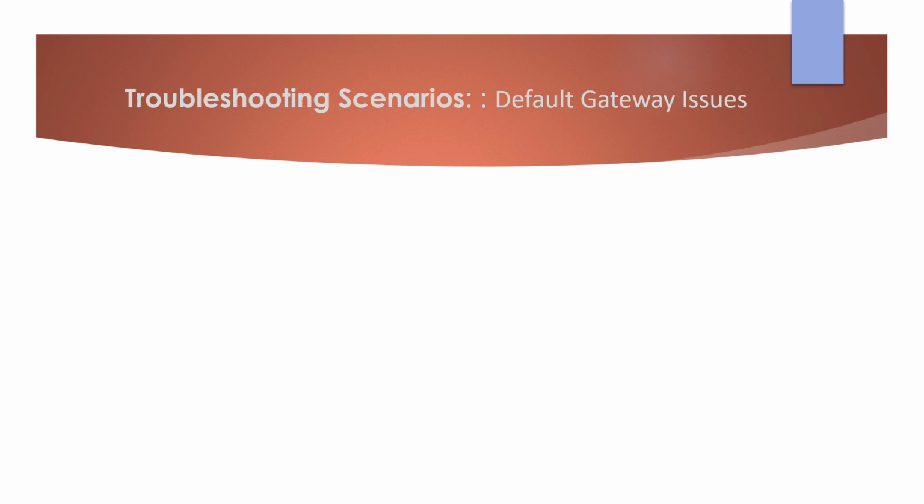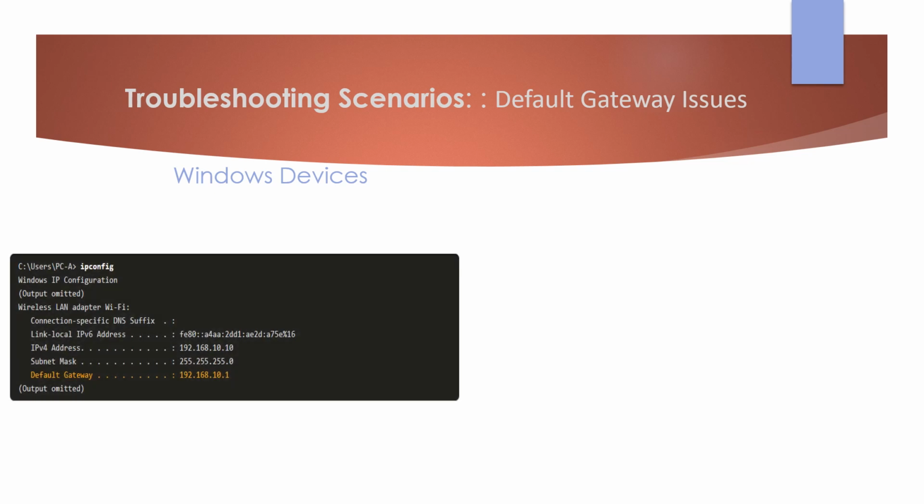To verify the default gateway on a Windows-based computer, we use the ipconfig command, as we mentioned before, and as you can see, we will be able to see the default gateway. If we are on a router, which means an IOS device, we use the show ip route command to list the routing table and verify that the default gateway, known as a default route, has been set.